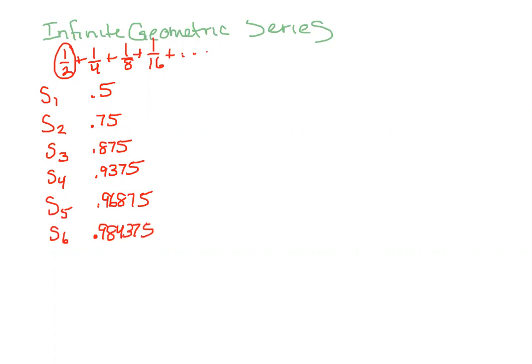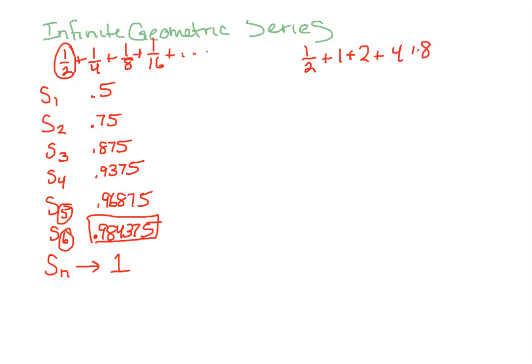Up to S6, we get 0.984375. And I'm going to tell you that as we go to infinity, as n gets bigger and bigger and bigger, and we keep adding more numbers, this is going to 1. This number is going to get closer and closer to 1, and it's never going to reach it. The other series we have here is infinite, and S1 is 0.5.